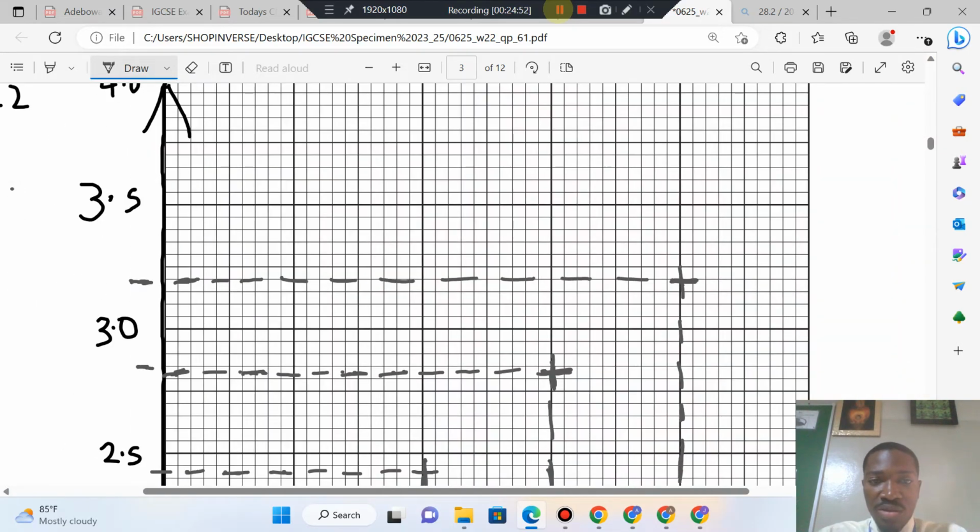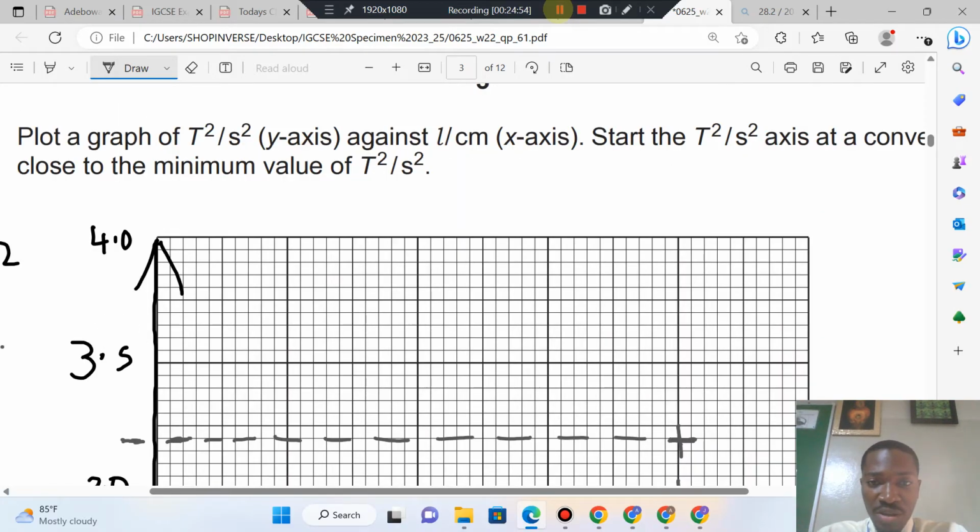Then the next values we have will be 90 against what? Let's see what we have there.